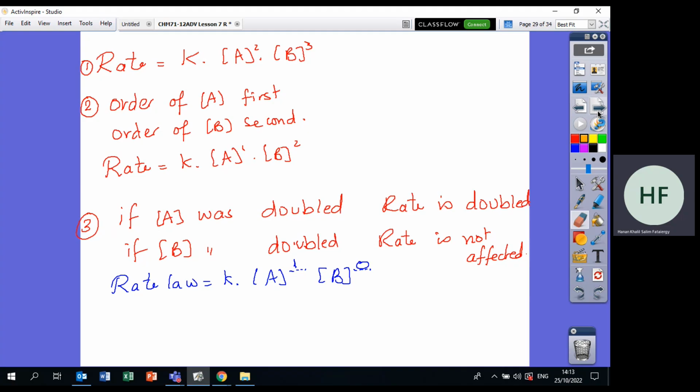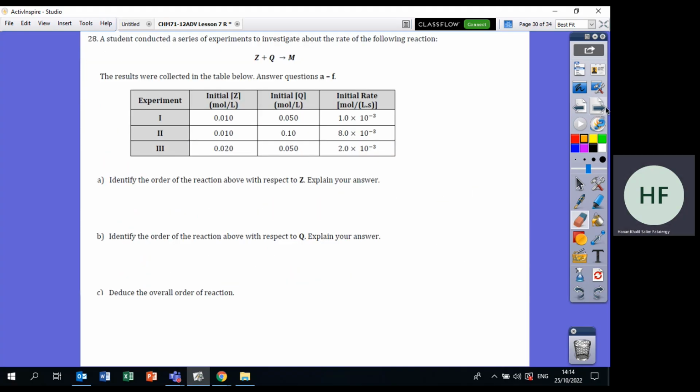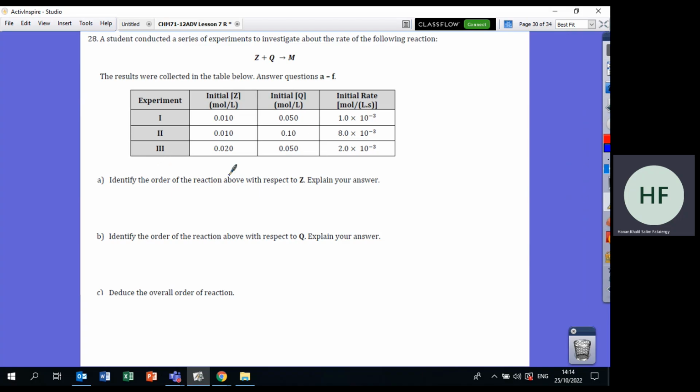So these are 3 different types of questions that you might get in the exam. Now the last way to write the rate law is the coming one. In this question you will be given experiments, and from the experiments you should conclude the rate law. So here you have 3 experiments, experiment 1, experiment 2 and experiment 3, and you have concentrations and you have the rates.